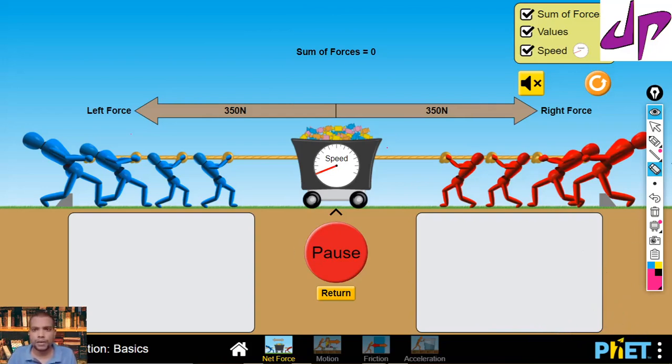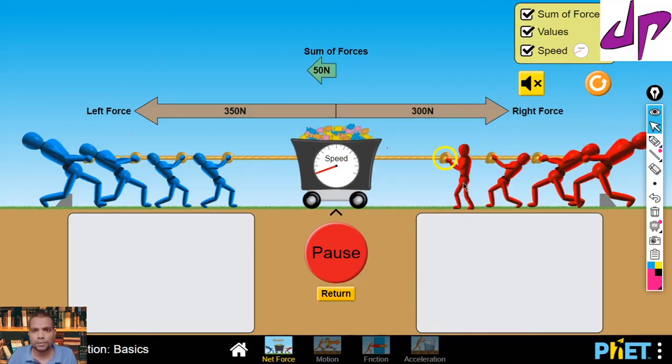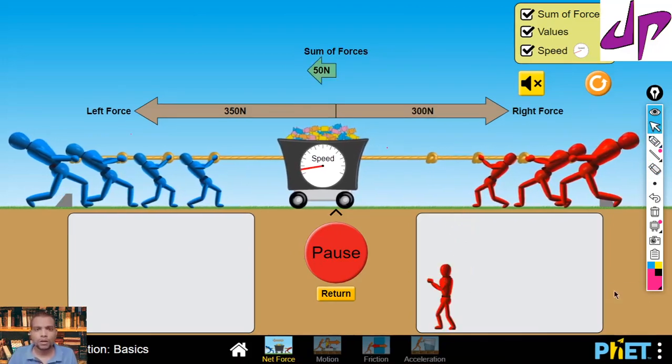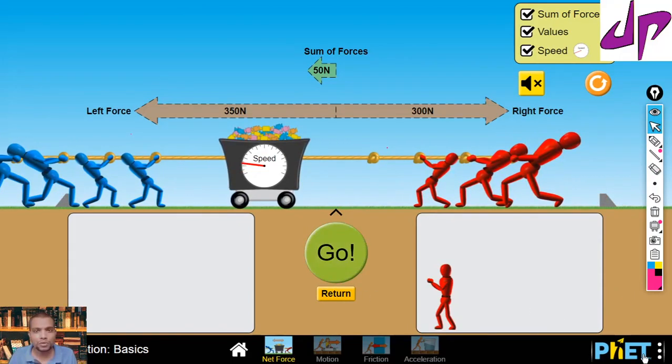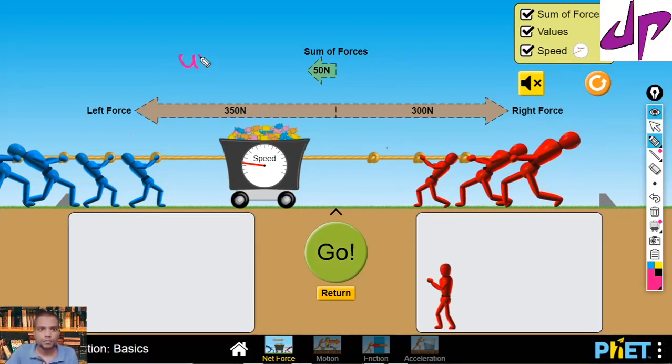Suppose now I take one fellow down and pull this fellow out. Now you can see what happens. It became an unbalanced force. In this unbalanced force, you can see in which direction more force is there.